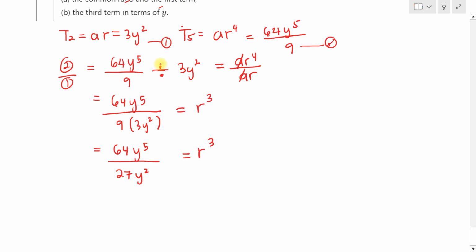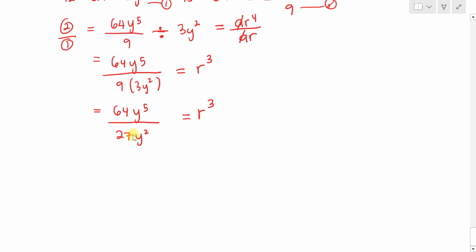So r cube is equal to 64 over 27 times y to the power 5 minus 2, which is y cube. So your common ratio is the cube root of 64 over 27 y cube.